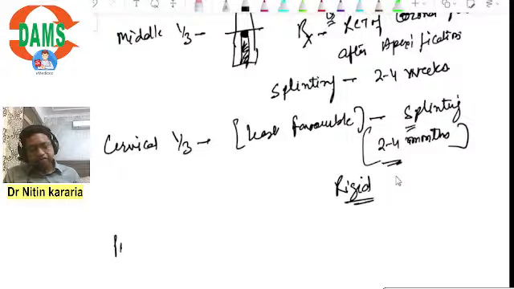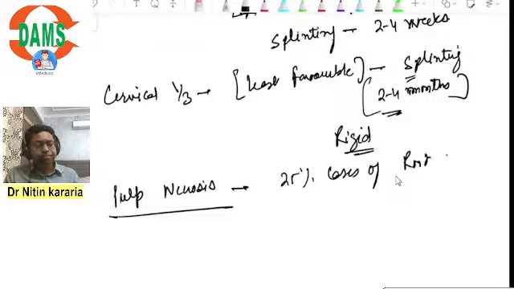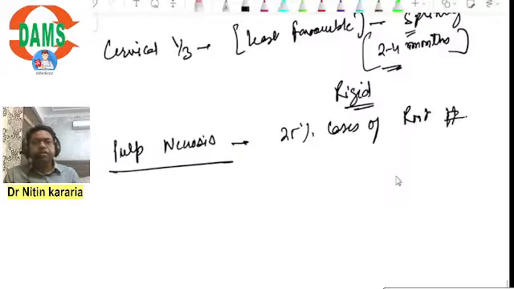Pulp necrosis occurs in 25% cases of root fracture. So root canal is not always required. Only if the tooth is non-vital and not responding to your pulp testing methods, we have to do the root canal. And how the root canal would be done, we have discussed according to the location of the fractures.